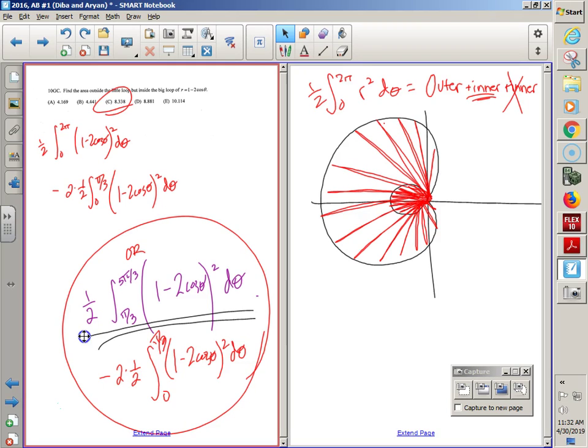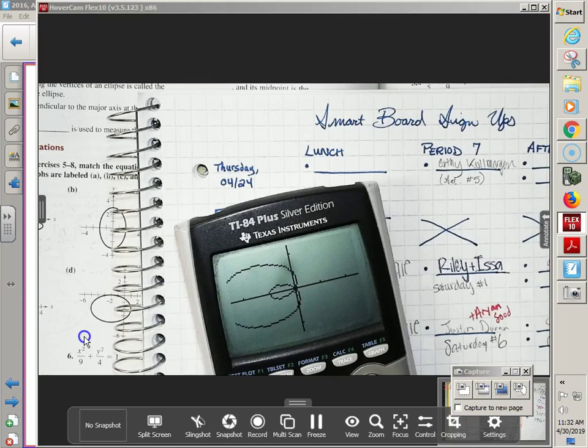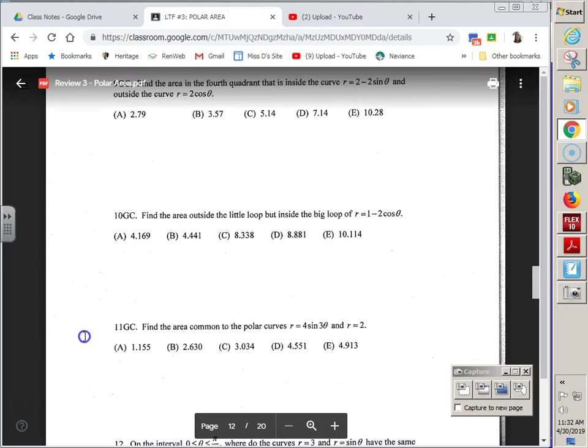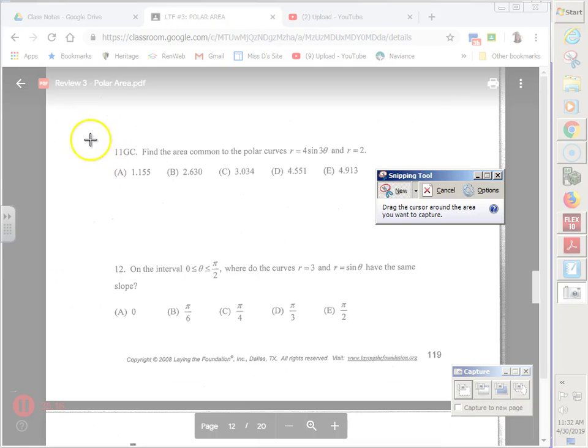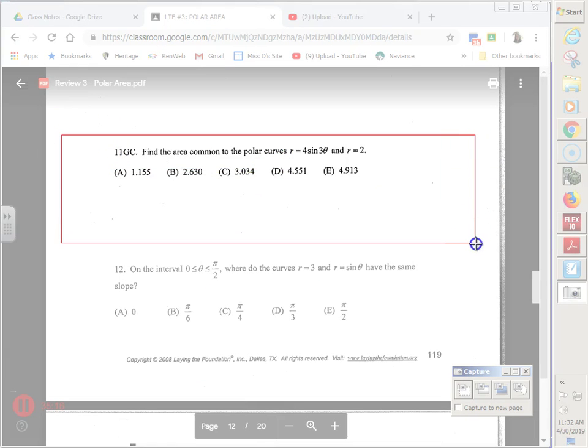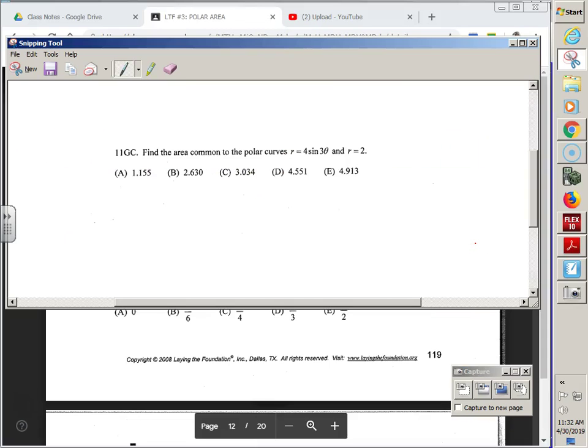Can we try to fit in one more? Yes, 11. For common area, you add, right? Usually, yeah.